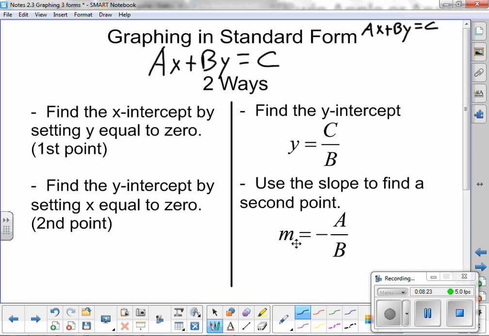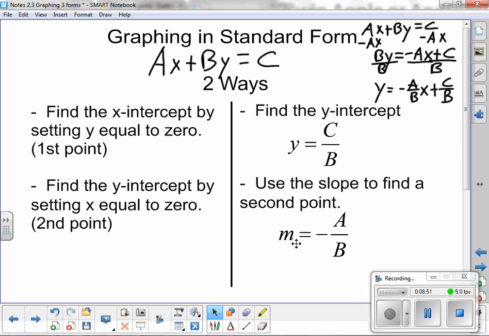If I were to solve for y, I'd have to subtract ax, and I'll get by equals negative ax plus c. And to get rid of the b, I have to divide the whole side by b. So y equals negative a over b x plus c over b.